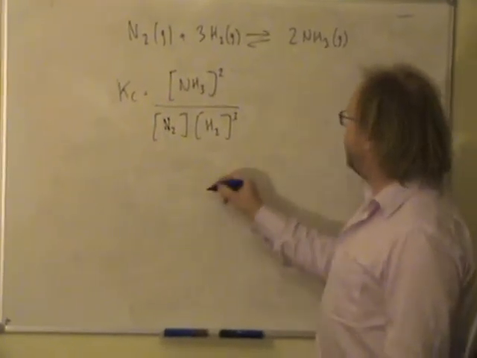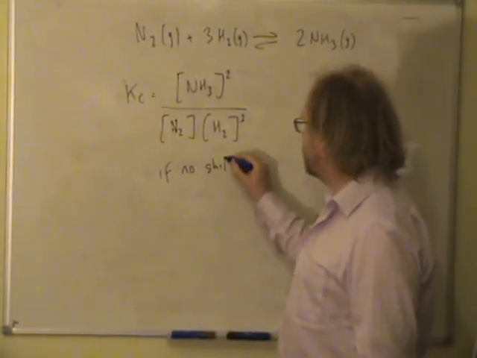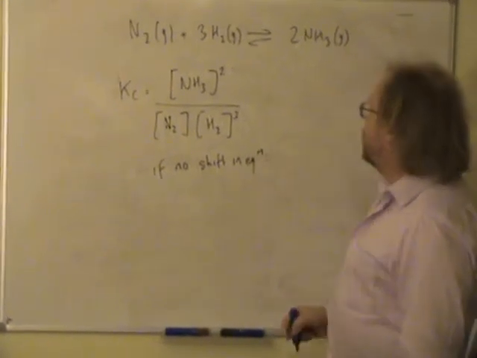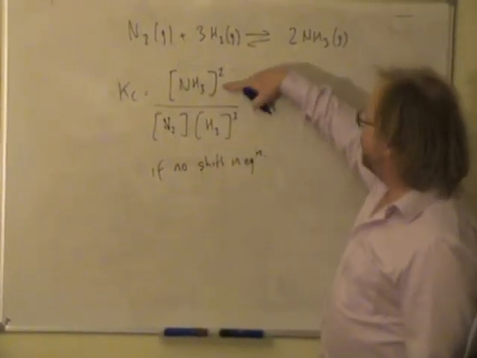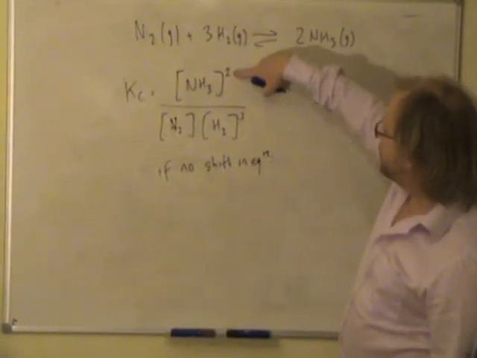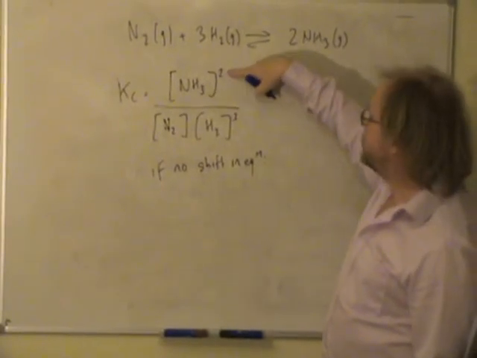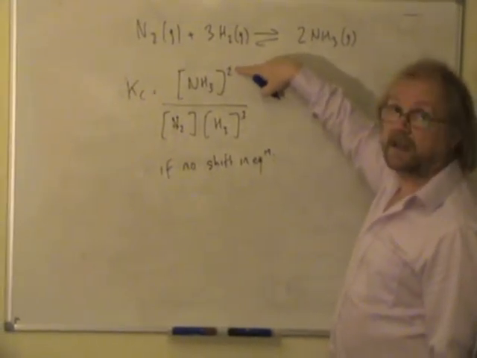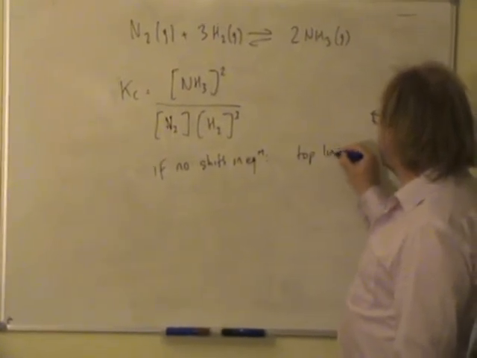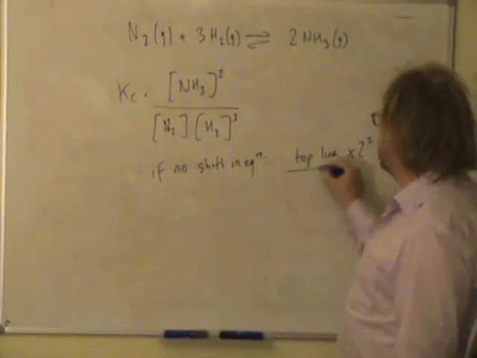So if there's no change, or no shift in the equilibrium, what will happen to this expression? Well, the top line will increase not just by a factor of 2, but by a factor of 4, because it's concentration squared. So if you double the concentration, top line increases by 2 squared, in other words, times 4.